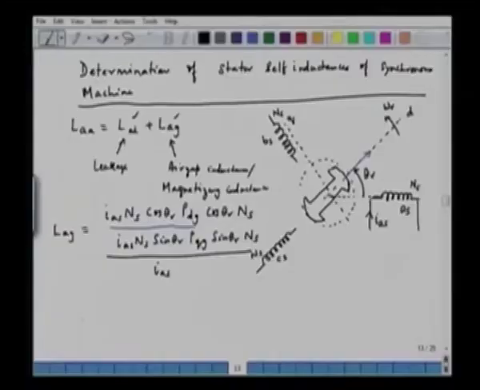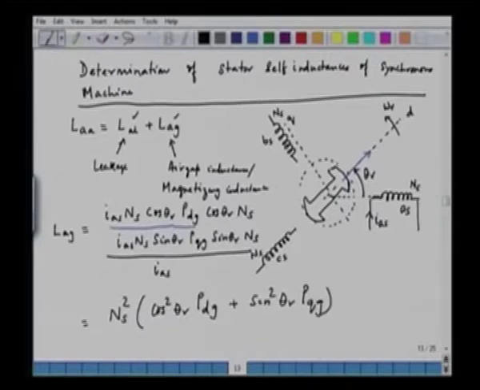So, if we simplify this, what happens here is the following. We can take this Ns square common, and then we have cos square theta r into P dg plus sin square theta r into P qg, and this we can again simplify.